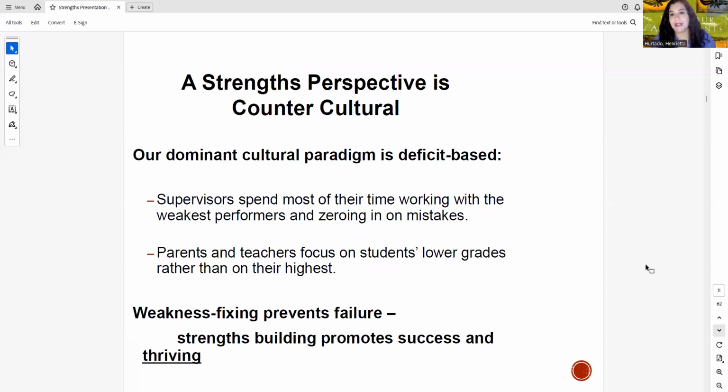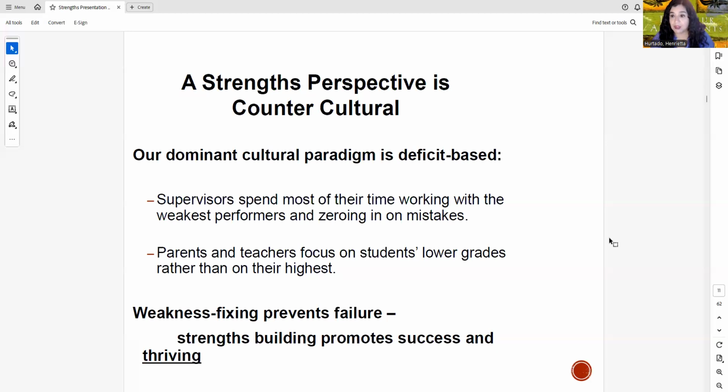A strengths perspective is countercultural. What do I mean by countercultural? It would be countercultural because the dominant cultural paradigm is deficit based. In other words, it is more common to focus on what is wrong with people instead of what is right.